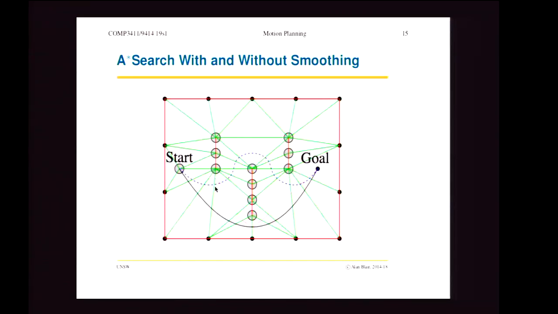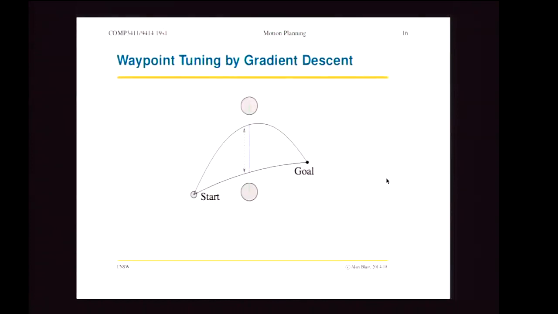I test whether the acceleration here is not too big and whether here is not too big, and I just assume that if the constraint holds at the endpoints, it'll hold in the middle as well. That's not guaranteed, but in most cases that is going to be true. So this makes the thing computationally feasible.